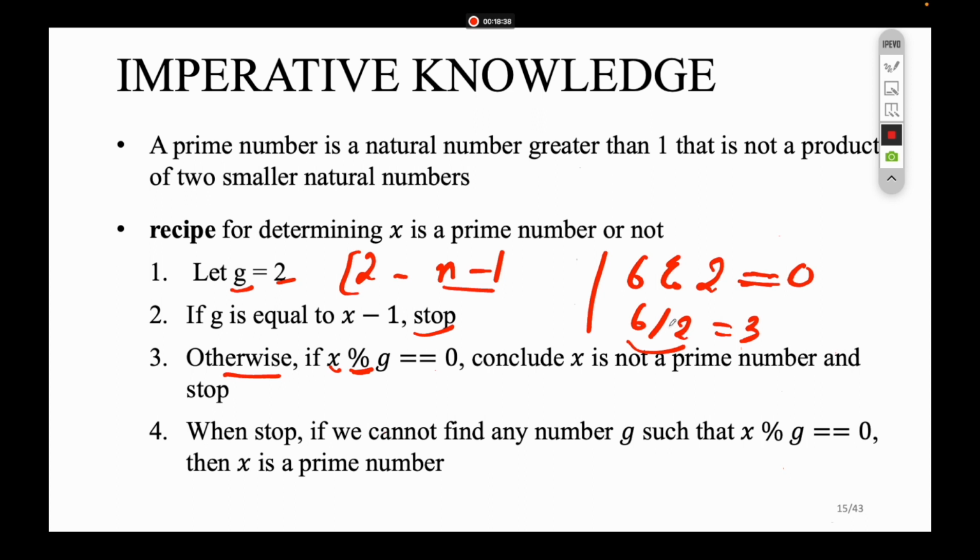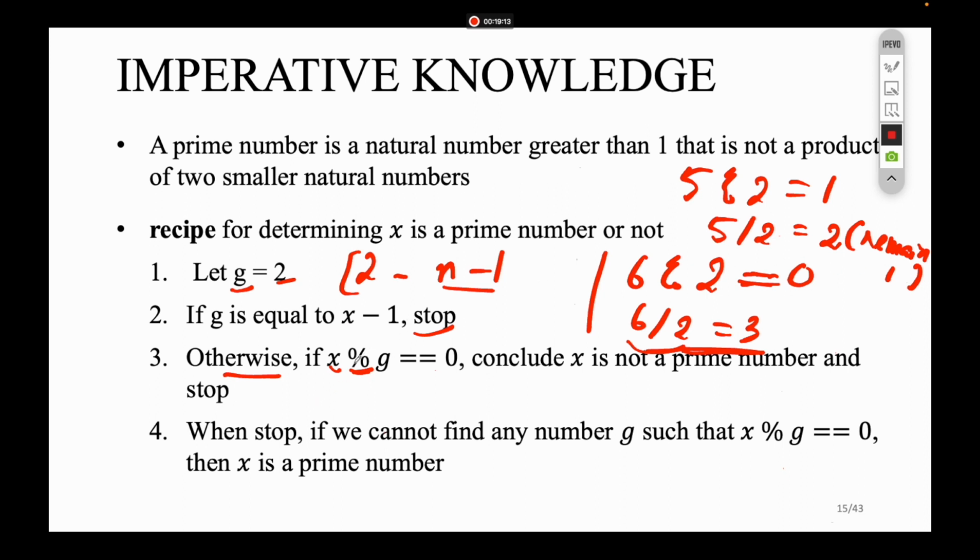I mean, in this expression, you don't have any remainder. For example, 5 modular 2 gives 1, because if you divide 5 by 2, you get 2 and a remainder of 1.